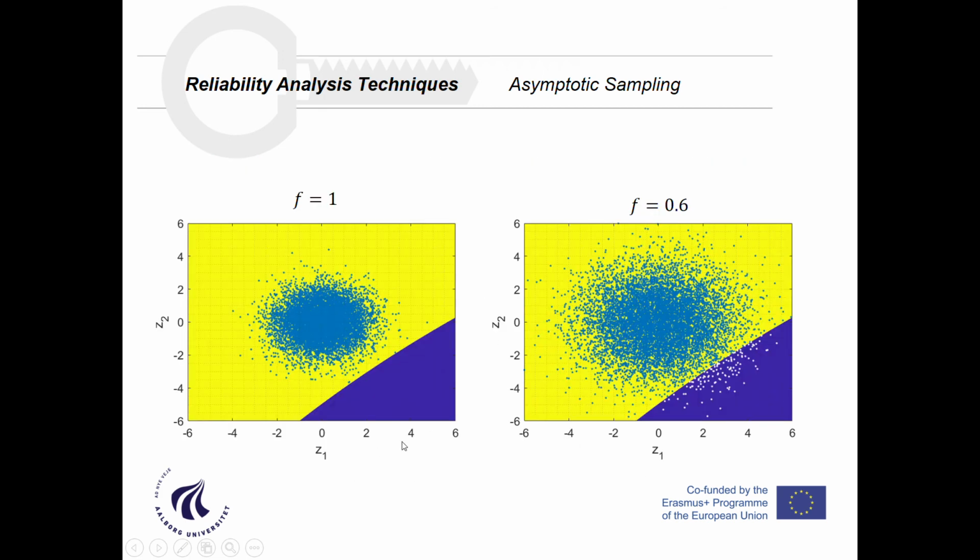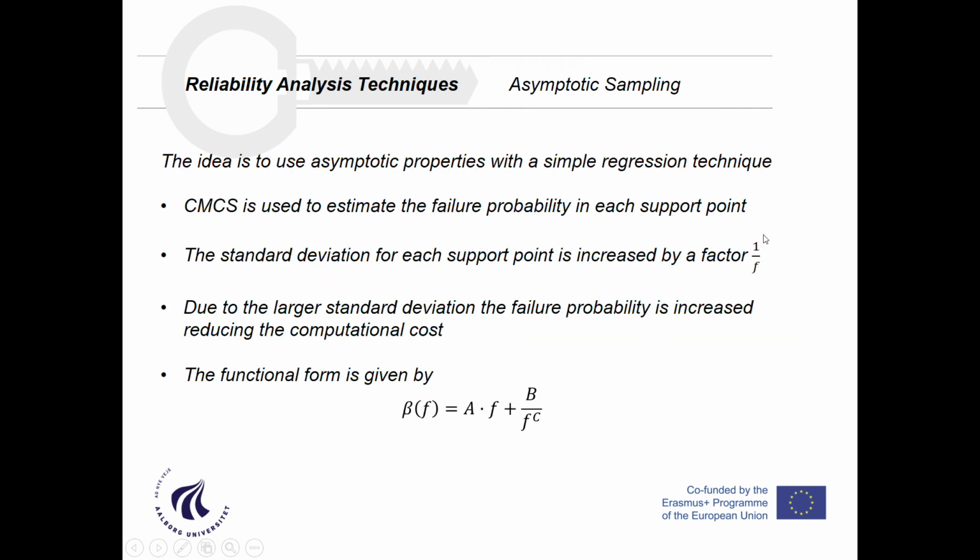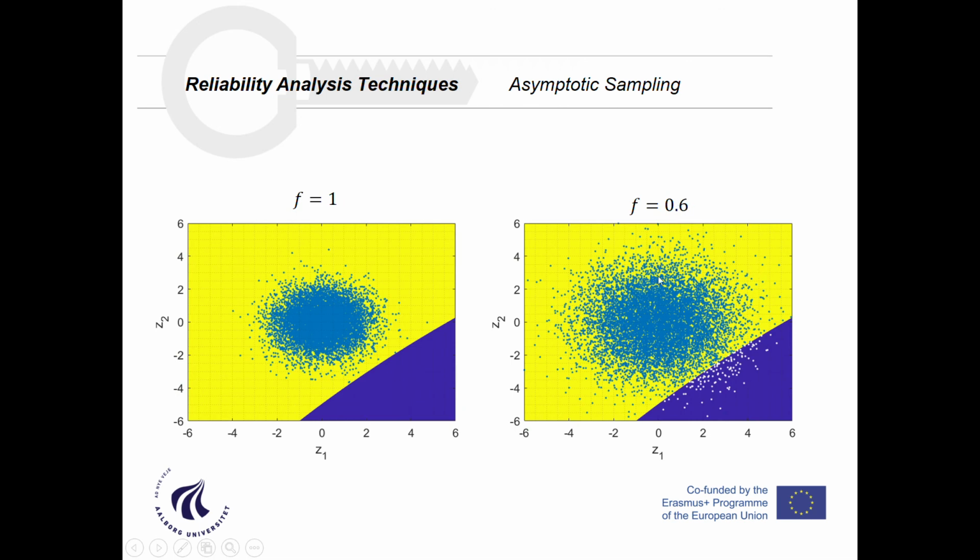So basically, before, when we have the failure domain too far from the origin, for example, in this case, we don't have any simulation in the failure domain, any sample in the failure domain. But then when we use a standard deviation 1 divided by 0.6, when f is 0.6, we can see that we have samples in the failure domain.